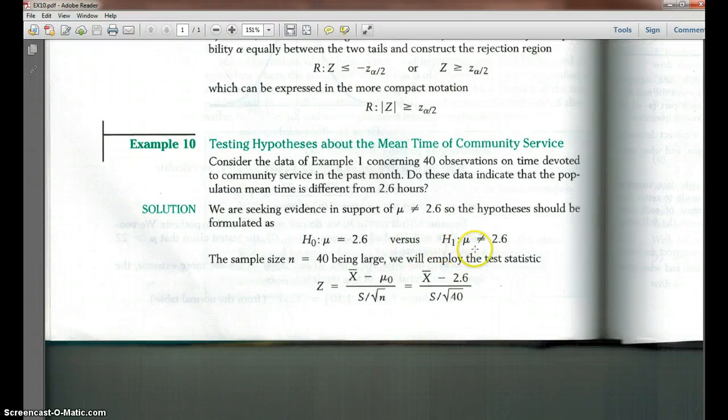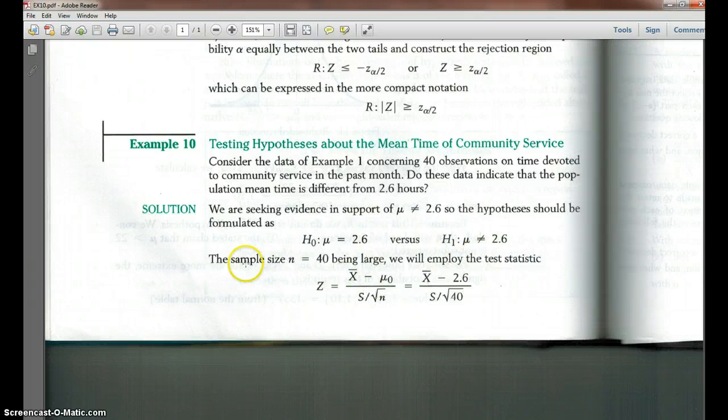If the alternative is "not equal," then the null hypothesis H0 is mu equals 2.6. By the way, we use H0 for the null hypothesis and H1 for the alternative hypothesis. The alternative hypothesis is always the claim you want to test.